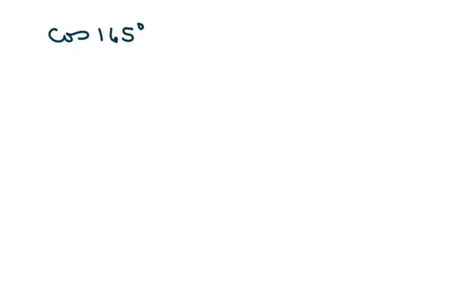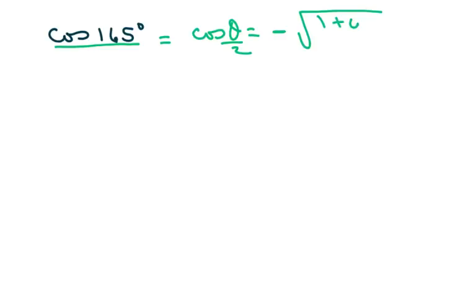And the next one. Now, this next one, we have cosine of 165. So 165, notice this is in quadrant 2. We know in quadrant 2, cosine is negative. So we're going to use the formula with the negative in front. It's going to be 1 plus, what's under the radical stays the same. It's just what's out front here.